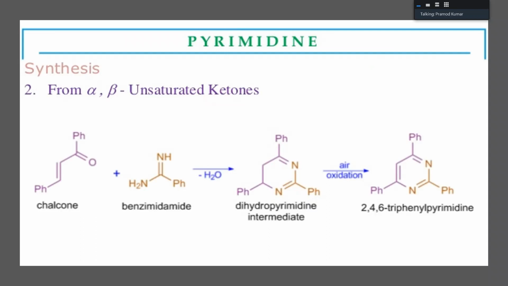Preparation is important. So you take alpha beta unsaturated ketones. Alpha beta unsaturated ketone means you have a ketone with a double bond at the alpha and beta positions, which are known as chalcones. When you treat it with benzamidine, it is an amidine. Okay, that is an amidine.